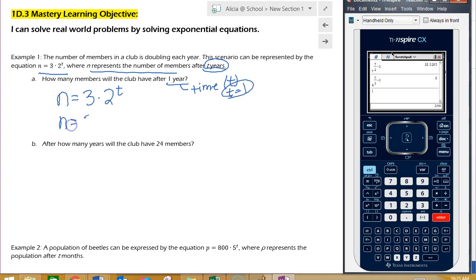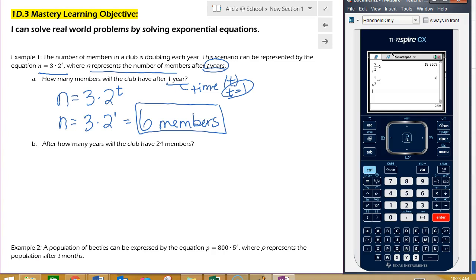So n is going to equal 3 times 2 raised to the first power. 3 times 2 to the first power is just 3 times 2, which is 6. So therefore, I'm going to have 6 members after 1 year.